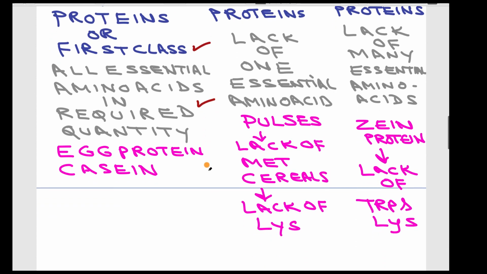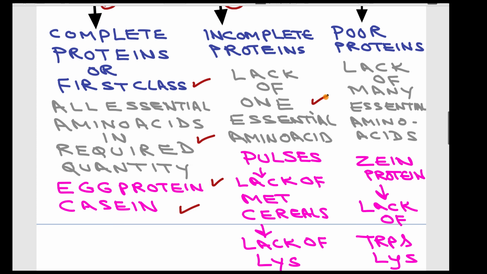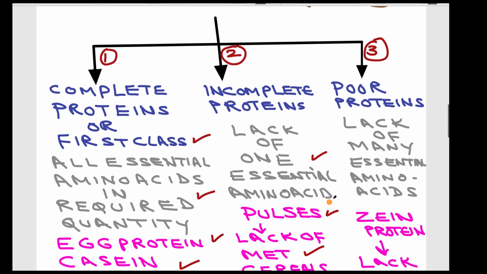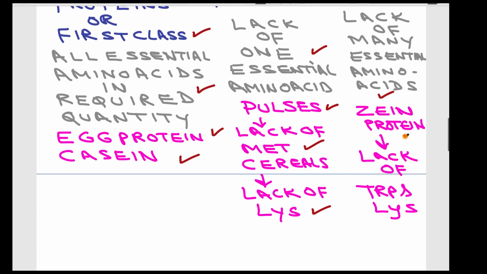The examples are egg protein and casein. Incomplete proteins lack one essential amino acid: pulses lack methionine, cereals lack lysine. Poor proteins lack many essential amino acids: gene protein lacks tryptophan and lysine.